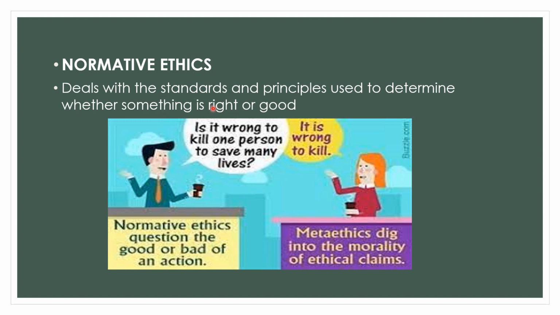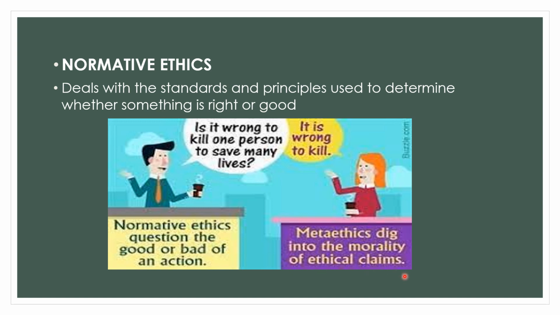So at times, basic ethics will have to be violated in order to ensure a bigger good. So it is putting some standards and principles to determine whether something is right or good. But meta-ethics answers that it is wrong to kill. So killing itself is wrong as per meta-ethics, whether it is one person in order to save many lives or not.